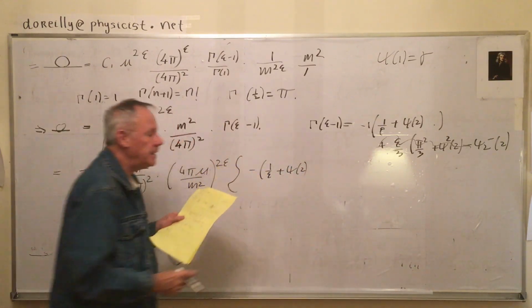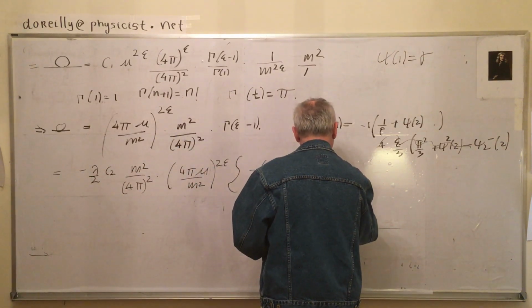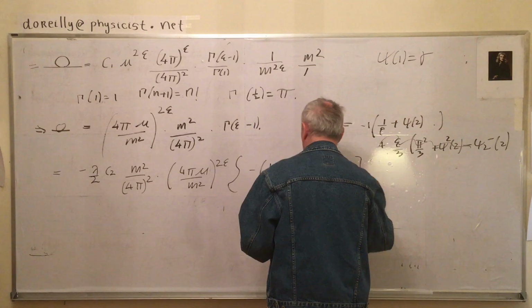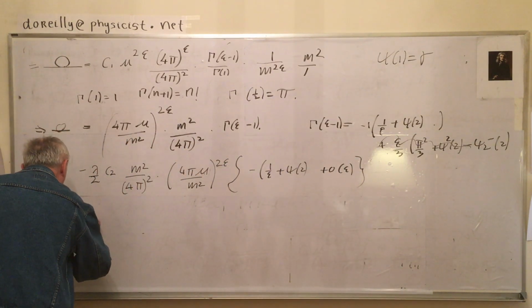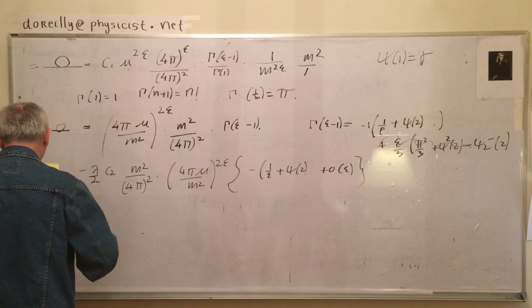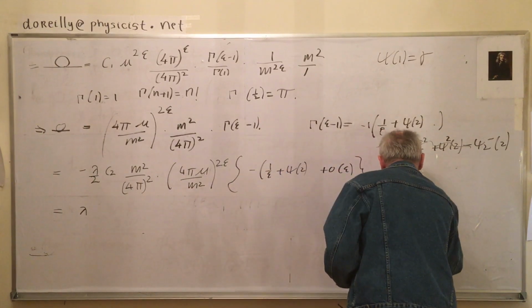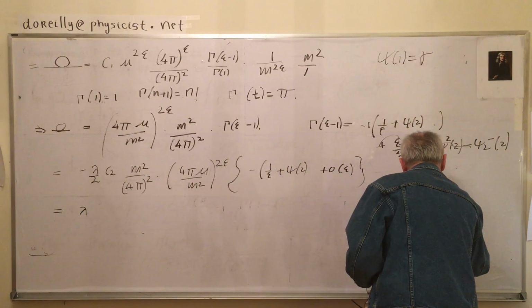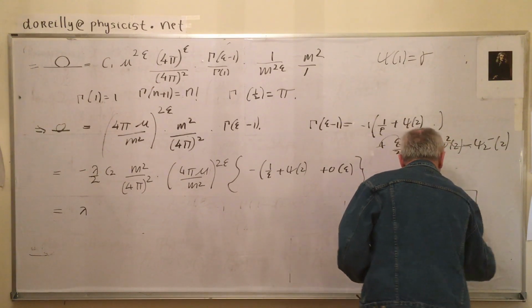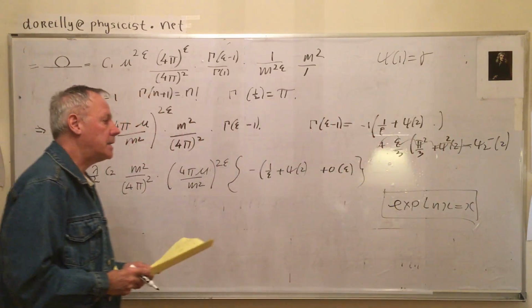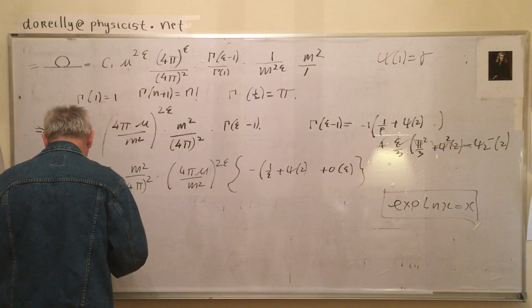You guys don't need to know what this psi 2 is. It is a number. There's a minus here and a minus here, so I'm going to get rid of that. And I'm going to put in, okay. Exponential log x, natural log x equals x. I'm going to use that result. So I'm going to go exponential log this one equals it.